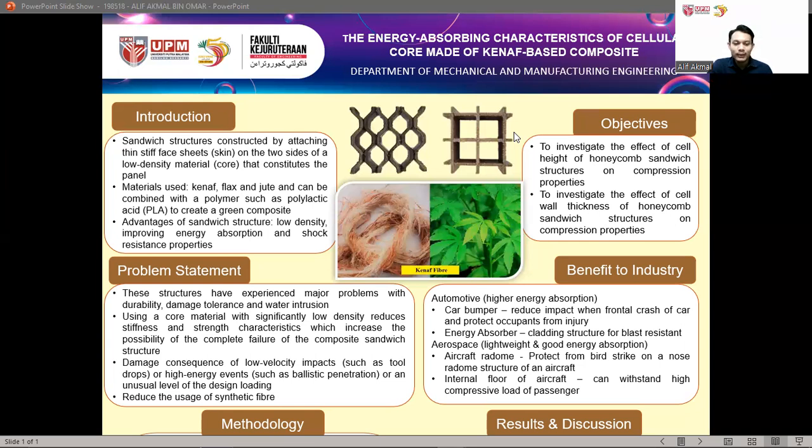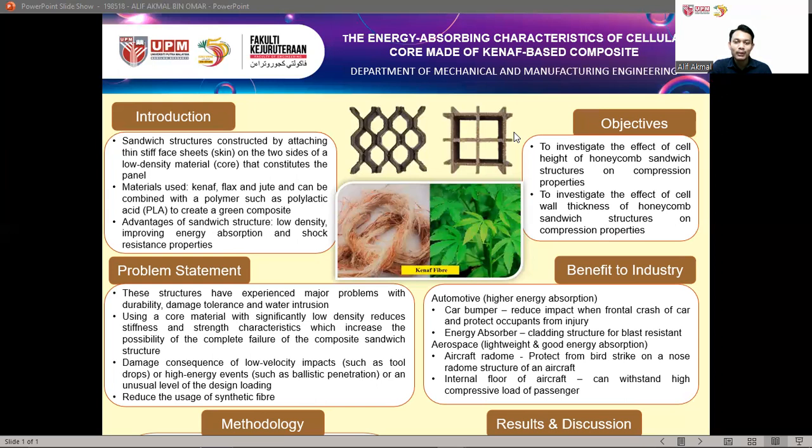And other than that, the damage consequence of low velocity impact, for example tool drops, or high energy events, for example ballistic penetration, is one of the problems that have happened in the industry. And the last one, we would like to reduce the usage of synthetic fiber, because a lot of synthetic fiber has been used in fabricating sandwich structures, which causes higher emission of carbon dioxide and results in environmental pollution.